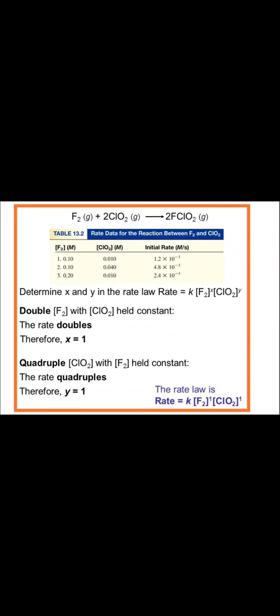I repeat, when the concentration of F2 remains constant, that is 0.10, and that of ClO2 is changed by 4 times, the rate of reaction also changes by 4 times, that is, by the same factor.